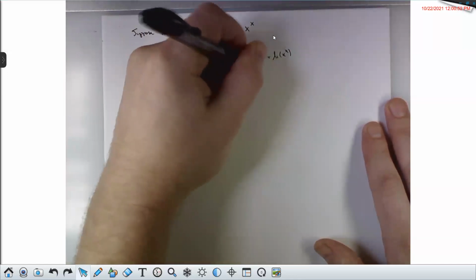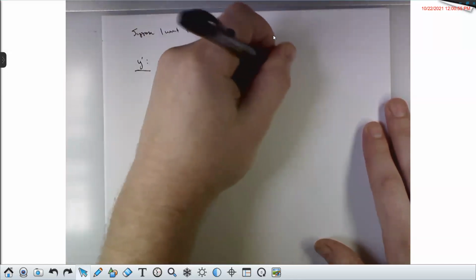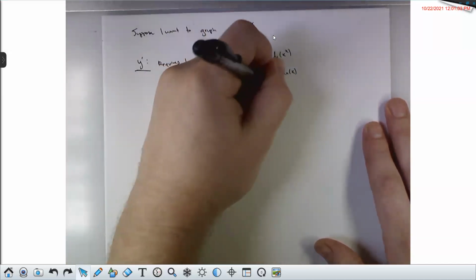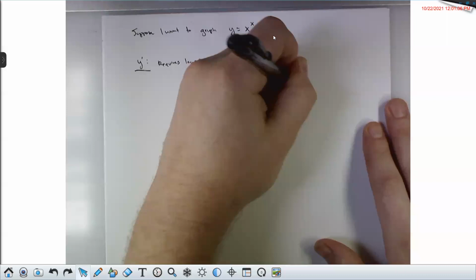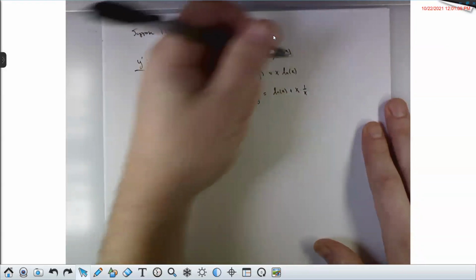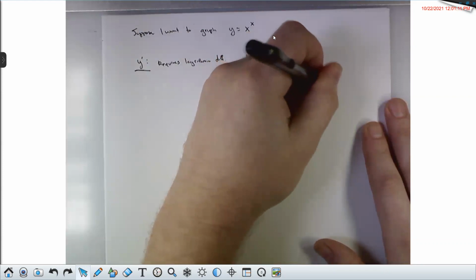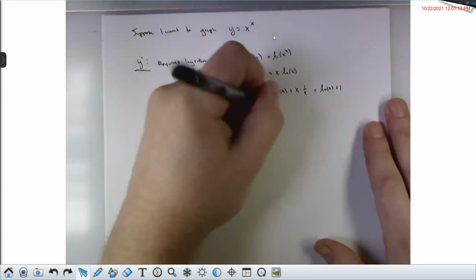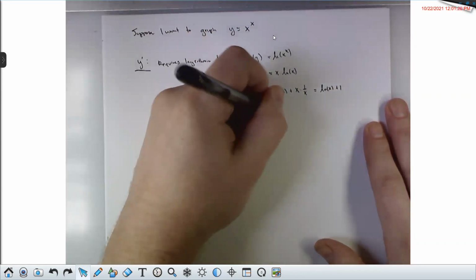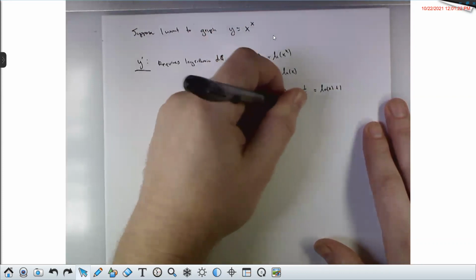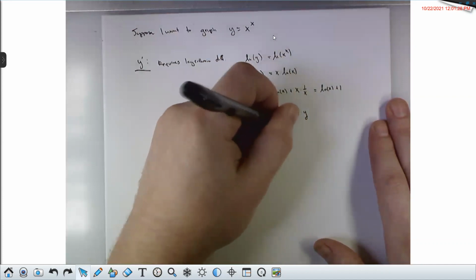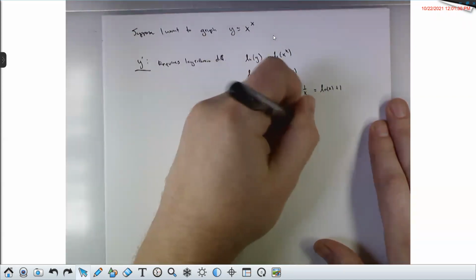So the ln of y is x times the ln of x, which differentiating gives me y prime over y equals ln x plus x times 1 over x, which is ln x plus 1. So y prime would be the ln of x plus 1 times y, which is the ln of x plus 1 times x to the x.